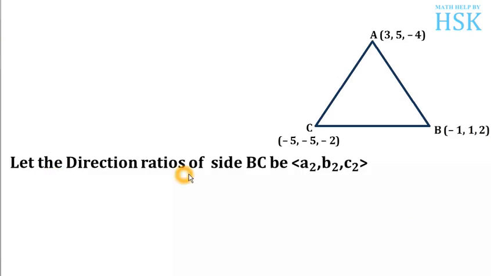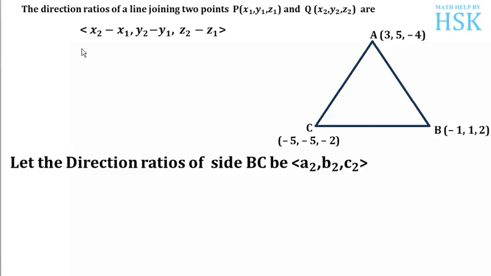Now to calculate the direction ratios of side BC, we assume that it is equal to a2, b2, c2. Using the same formula, we are going to get a2, b2, c2 as minus 5 minus minus 1, minus 5 minus 1 and minus 2 minus 2.